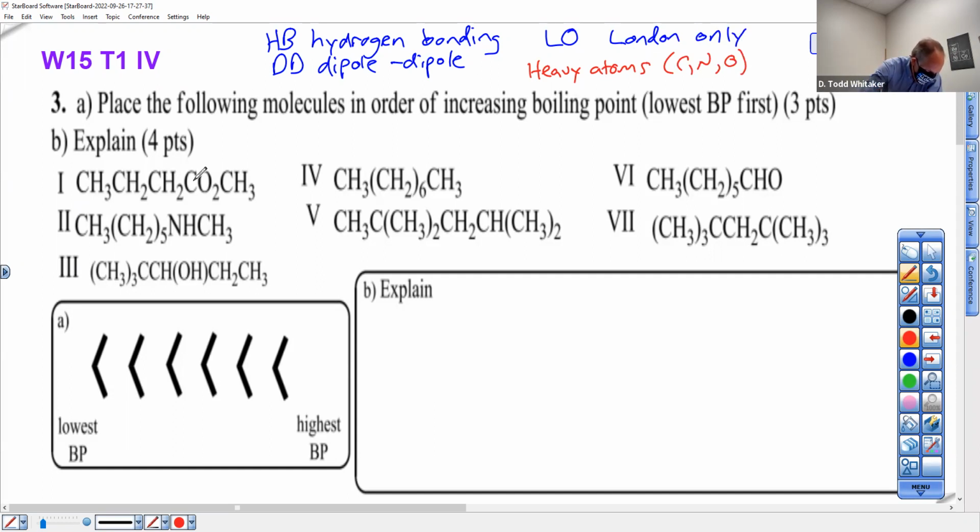1, 2, 3, 4, 5, 6, 7. 5, 6, 7, 8. So if it was just size, I would take 2 over 1. It's more than just size, though. Bottom one, 3, 4, 5, 6, 7, 8.